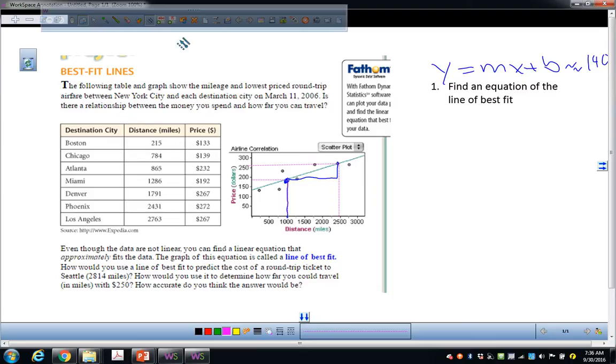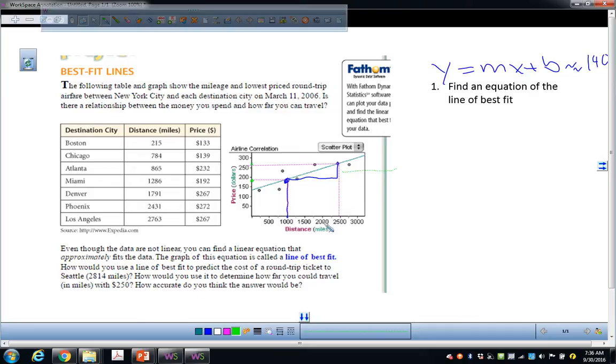Do you guys know how to find the slope? Change in what over change in what? Change in y over change in x. It looks like my change in y goes from about 180 to about 260 or so.